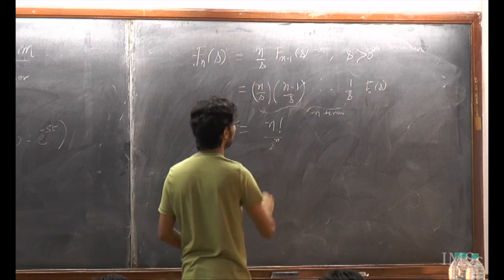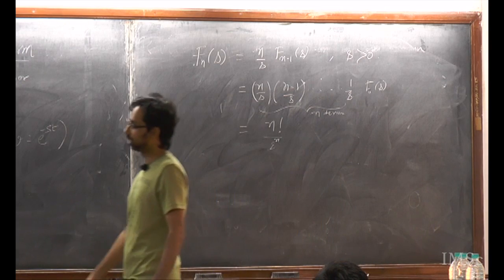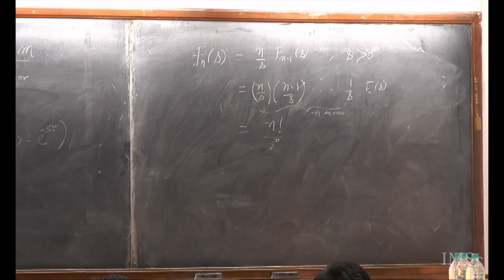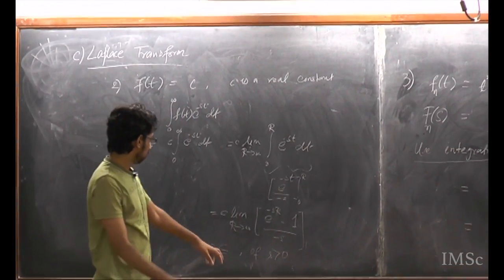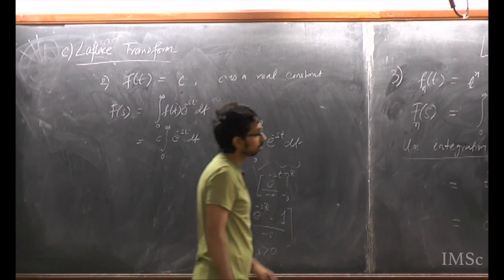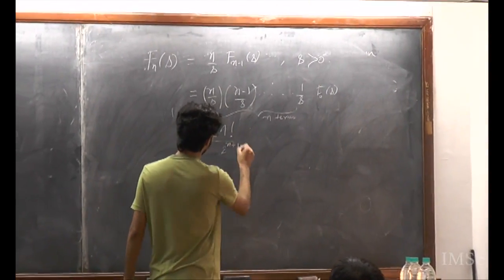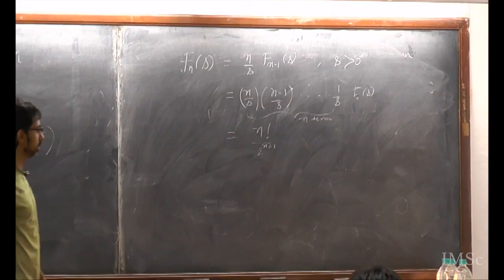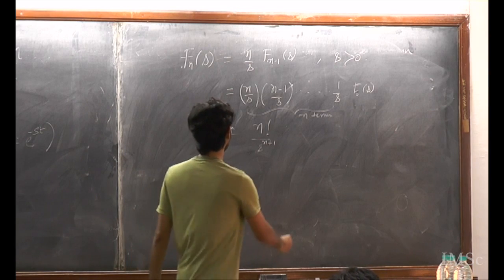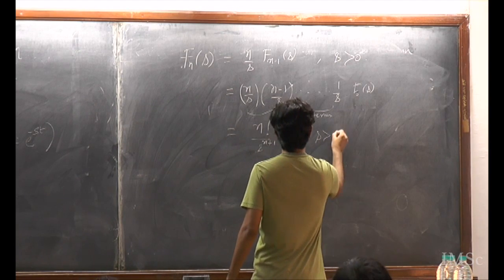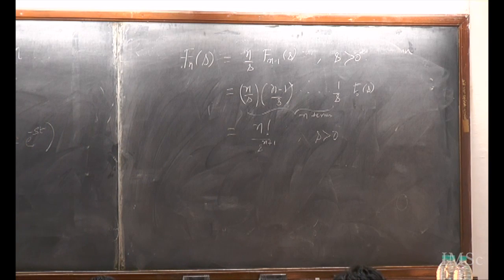And what is f_0? Right, f_0 is just this guy where c equals 1, so you get c by s, so you just get 1 by s. This is for s positive.